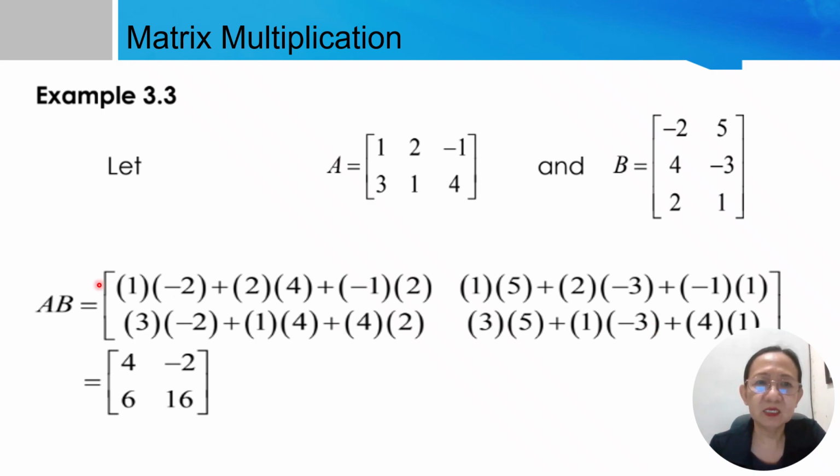So simplifying the result, we have 1 times negative 2, we have negative 2 plus 8, we have 6, 6 minus 2, that is now 4. Then we have 5 minus 6 is negative 1, negative 1 minus 1 is negative 2. Then we have negative 6.